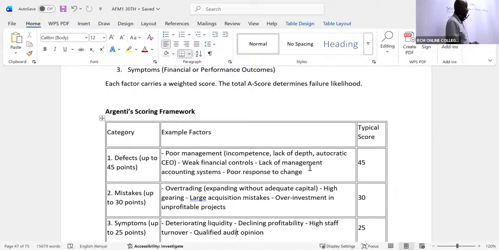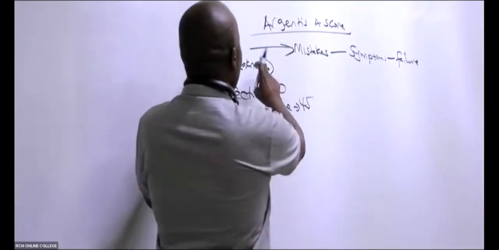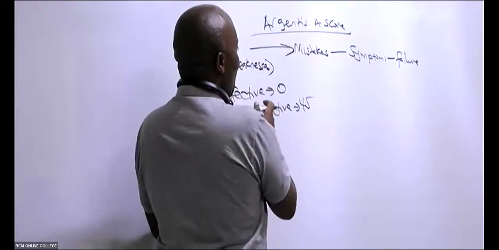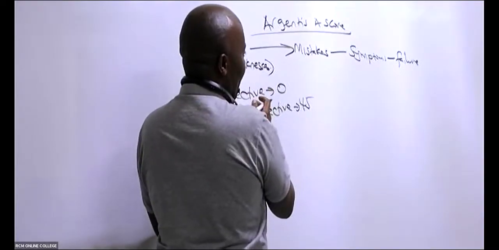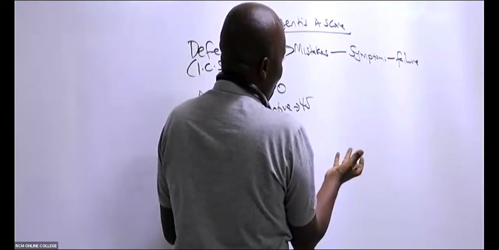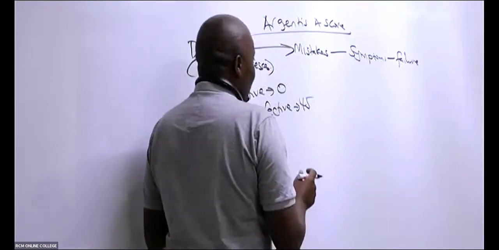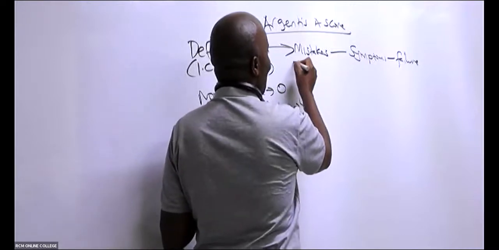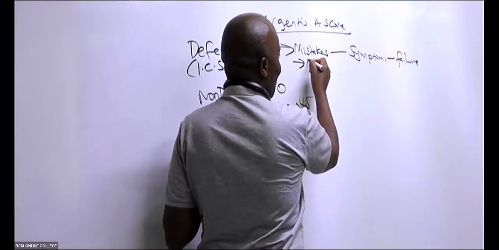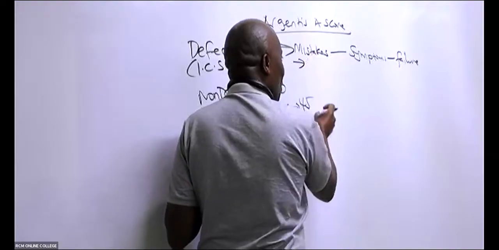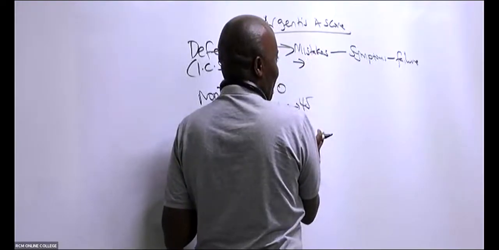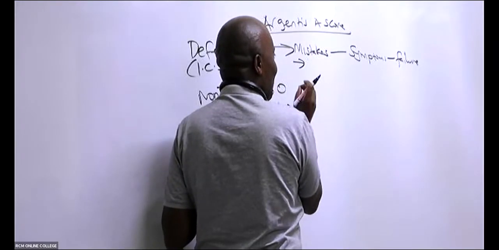Mistakes, up to 30 points. Ladies and gentlemen, please listen here. Mistakes, what are we looking at? Once the internal control systems are so weak, once we have a lot of management weaknesses, then automatically, they don't know what to do. Once they start realizing that things are not going on very well, they will start getting into mistakes. Mistakes like over borrowing. If your company has lots of loans, that's a mistake, especially if that money was borrowed and misused.